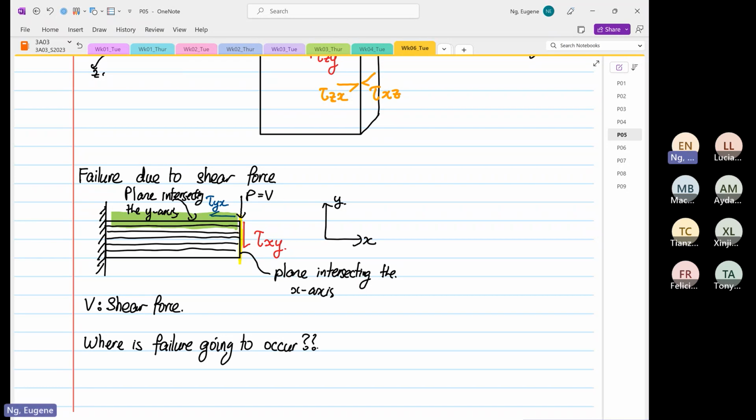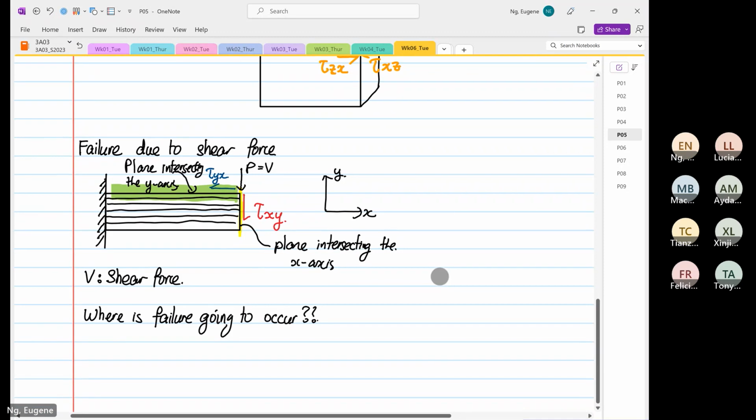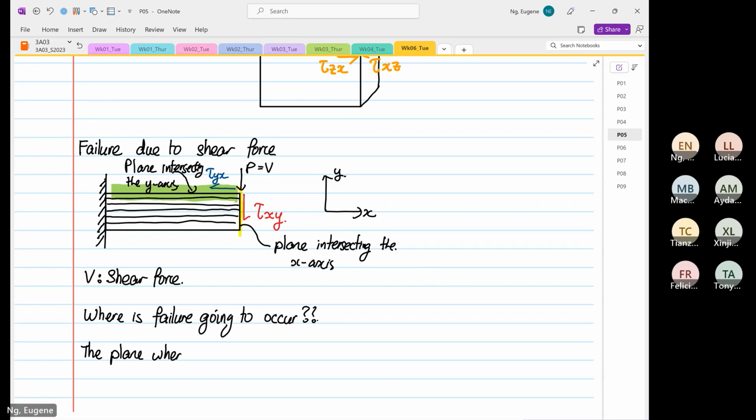So I will show you, or I will try to convince you, right? The plane where failure will occur is intersecting the y-axis, or highlighted in green.